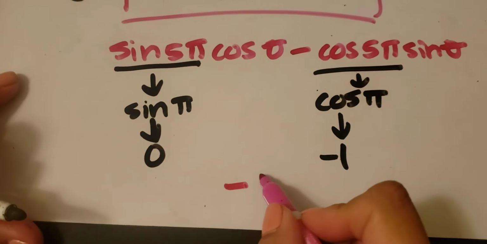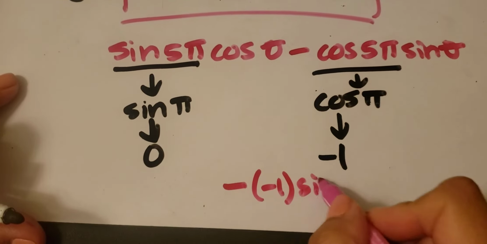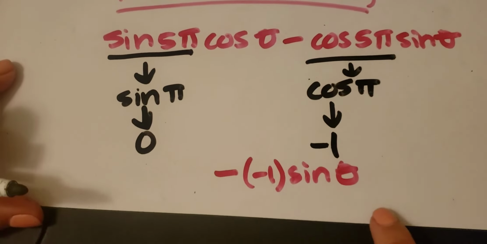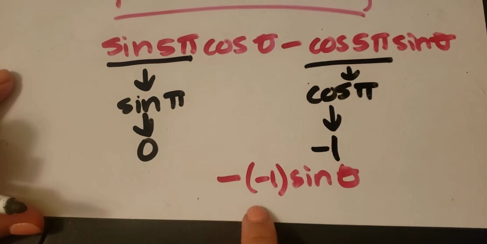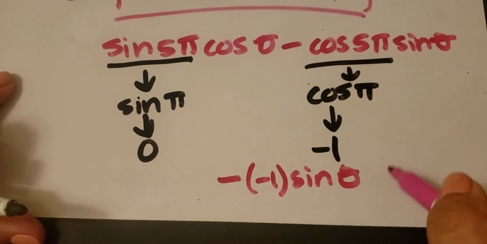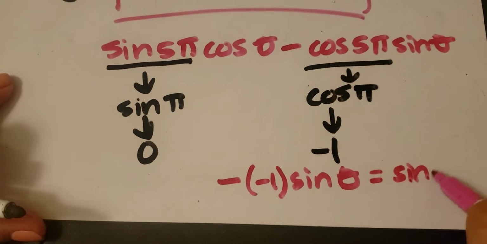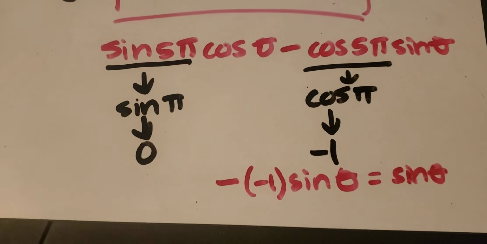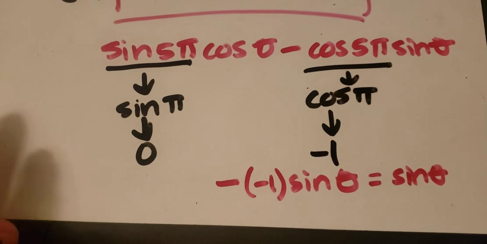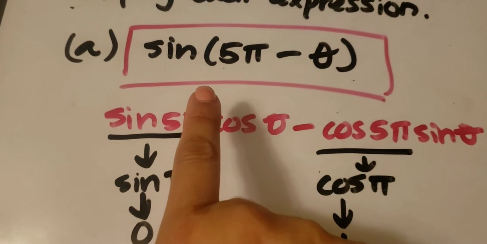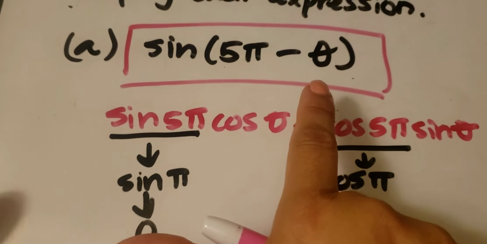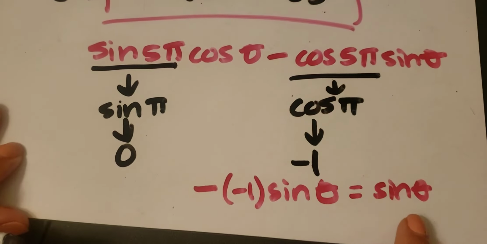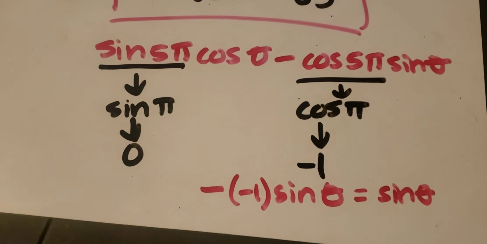I'm sorry, I keep saying sine of pi instead of sine of theta. A negative and a negative should equal a positive, so this is the same as sine theta. They just wanted us to simplify, so sine of 5 pi minus theta is the same as sine theta. And that's it.